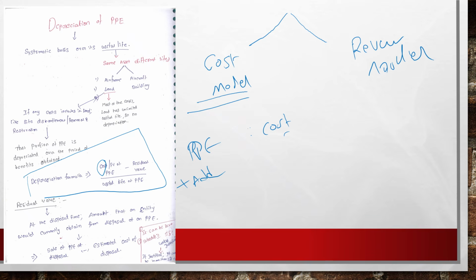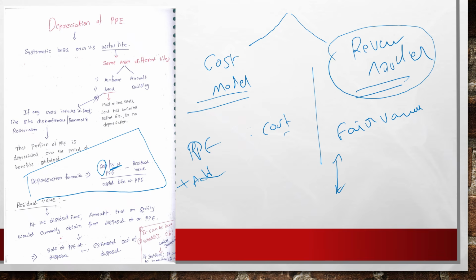In the revaluation model, you should revalue your asset at the fair value. If you have revalued during the period, then the depreciation should be calculated on the fair value, not on the cost. That's why I have used cost or fair value.